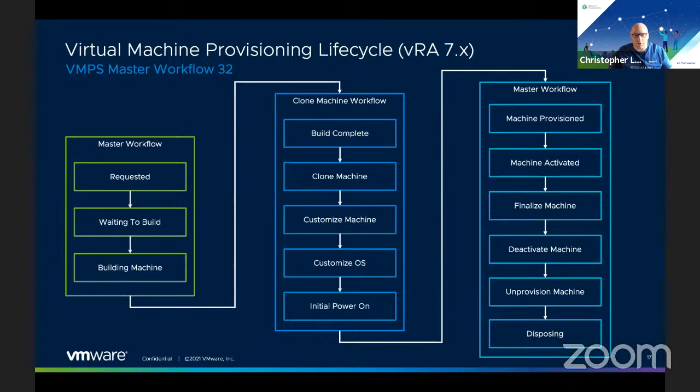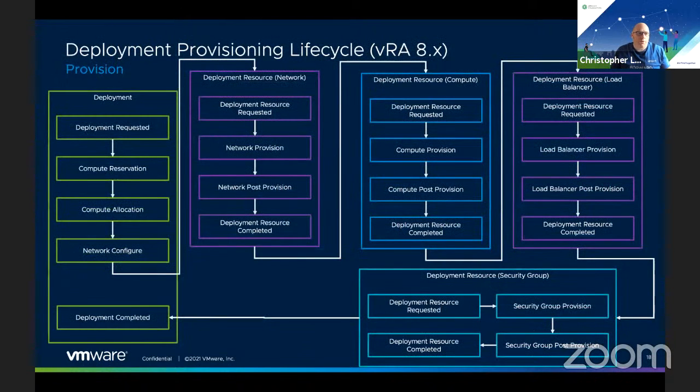The other way to do that is to raise a change as part of a different service portal if you can do that. So there's multiple reasons why you want to call out at different places. In vRealize Automation 8, just from a provisioning perspective, there are multiple lifecycle states. And what we've done is we've broken down not only the request, but also the different types of resources that you can deploy.